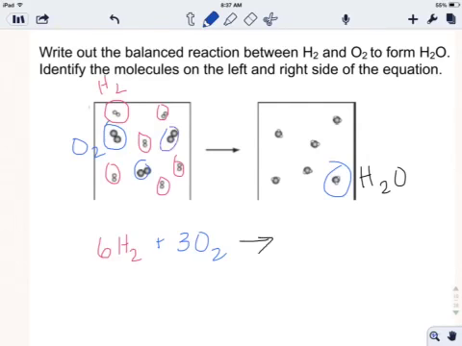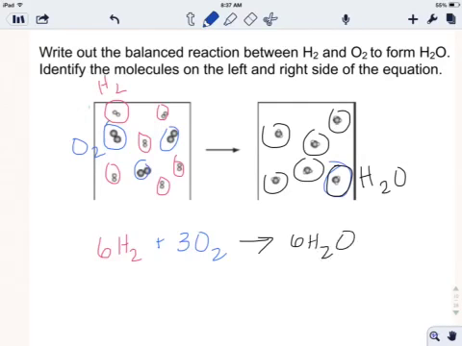In our products, we have 1, 2, 3, 4, 5, 6 H2Os. And if we make our list of atoms, we have 12 hydrogens, 6 times 2 is 12, and we have 6 oxygens in our reactants. In our products, we have 12 hydrogens and 6 oxygens. So we're all set.